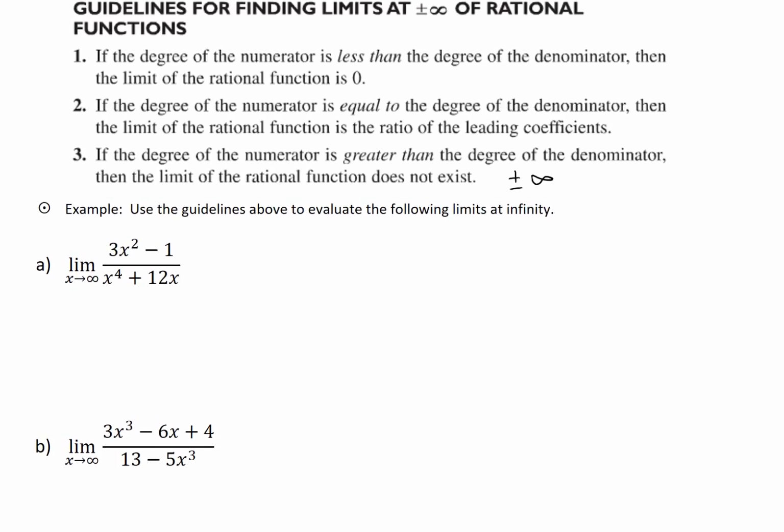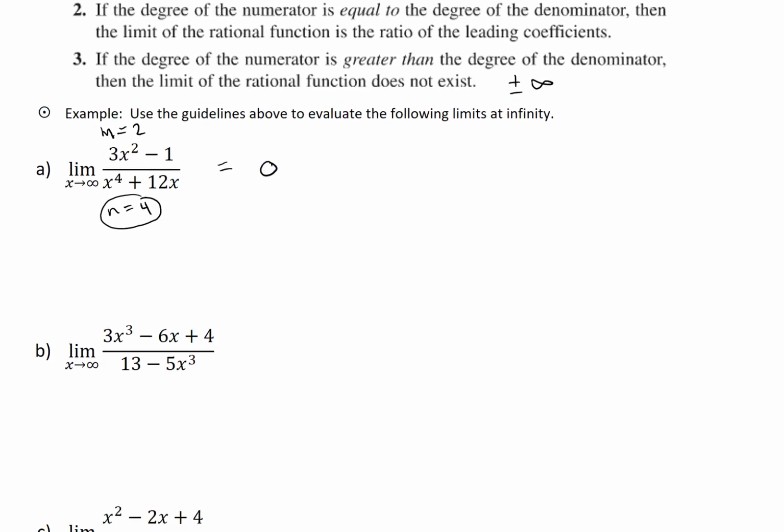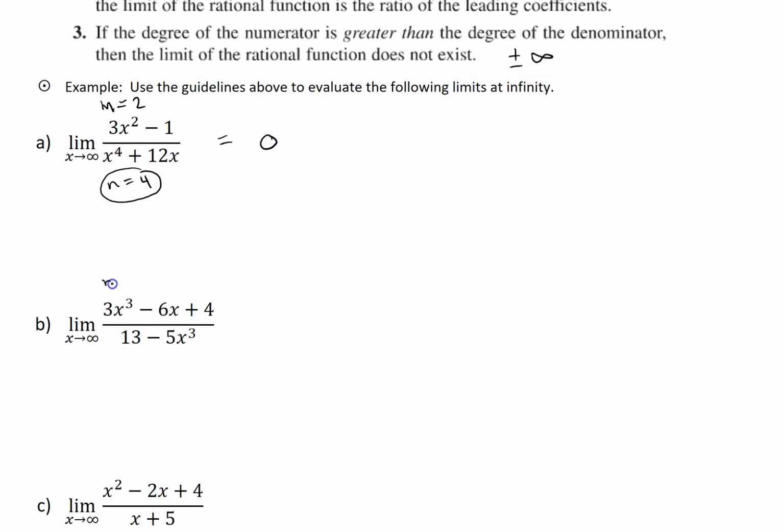So let's take a look at this one. Up here, if you want to call them m and n, my m would be 2, my n would be 4. So in this case, the denominator wins. So this one goes to 0. Here we have an m of 3, and we have an n of 3 because we've got a cube and a cube. So this one is going to be the ratio of leading coefficients.